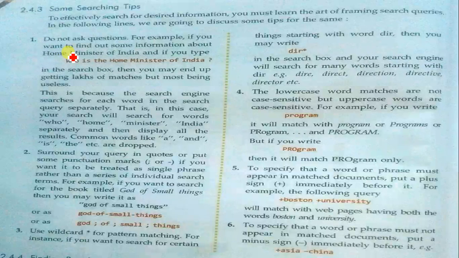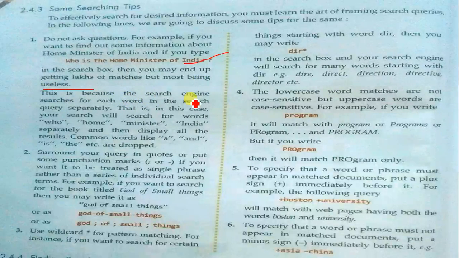Some searching tips. To effectively search for the desired information, we must learn the art of framing search queries. Number one, do not ask questions. For example, if you want to find information about the Home Minister of India, and you type 'who is the Home Minister of India' in the search box, you may end up getting lots of matches, but most are useless.